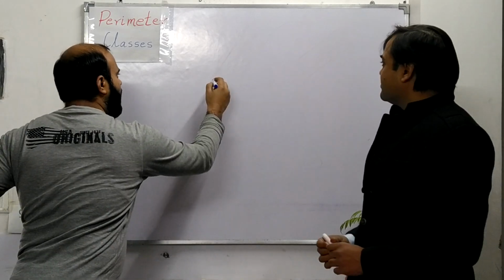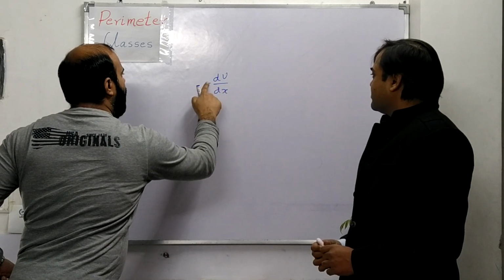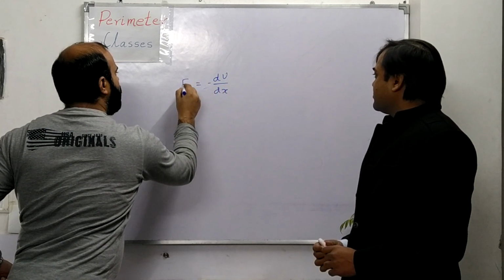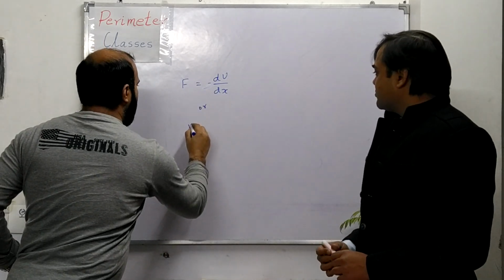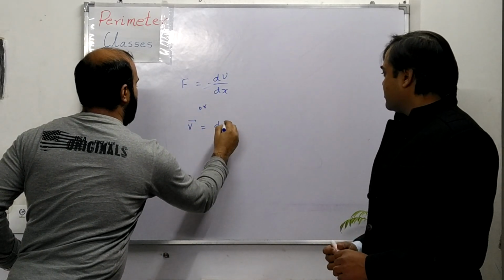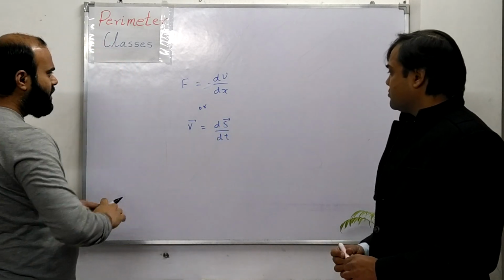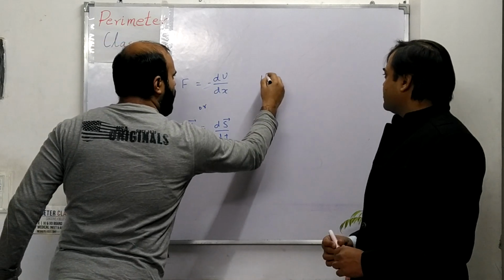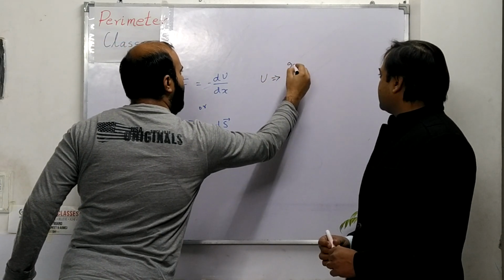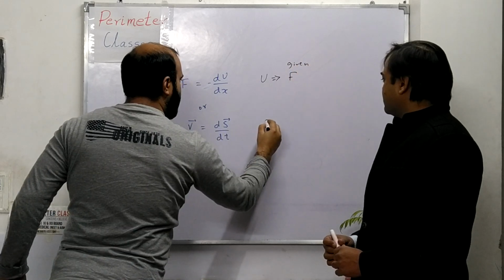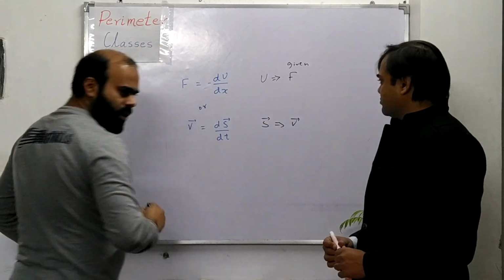Okay, so if du by dx is giving us a value of force like this, or we may also say that velocity is the displacement derivative with respect to time, is there a way such that potential energy can be obtained if force is given, or displacement can be obtained if velocity is given?